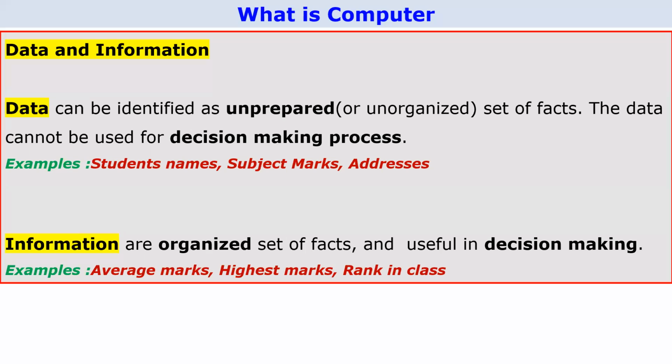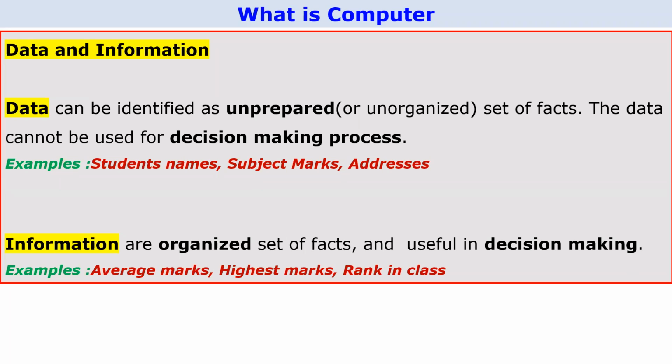Then, for example, average marks. First, you want to collect the marks. Then you do some operation like finding the average. Once you get the average, then you can say who is the good student, who are the weak students, in that way. Who is first in the class?